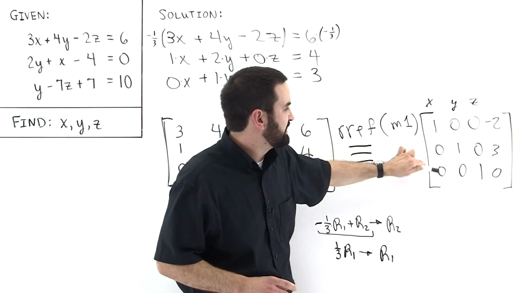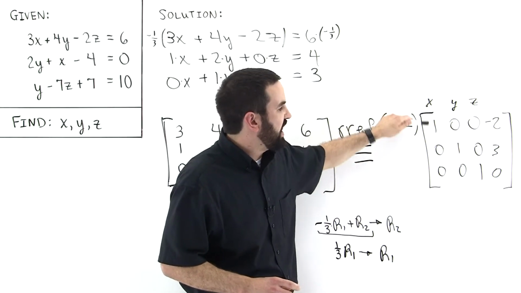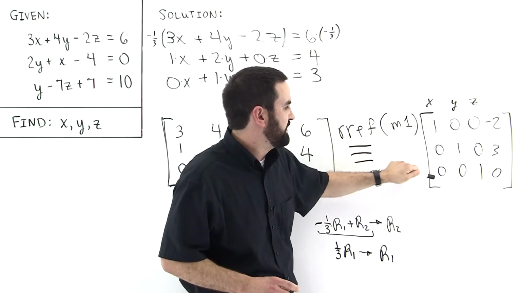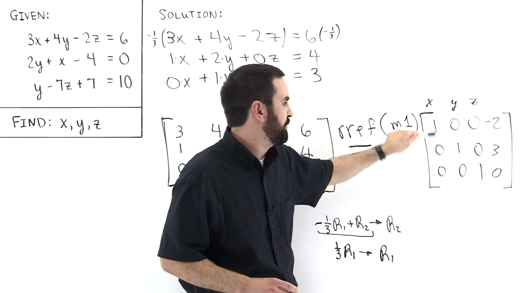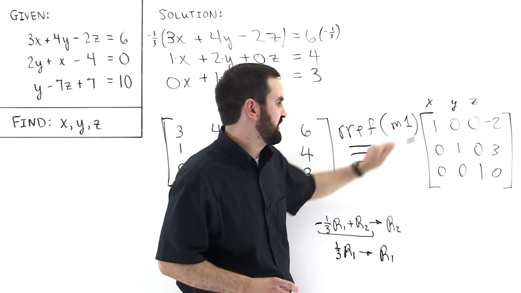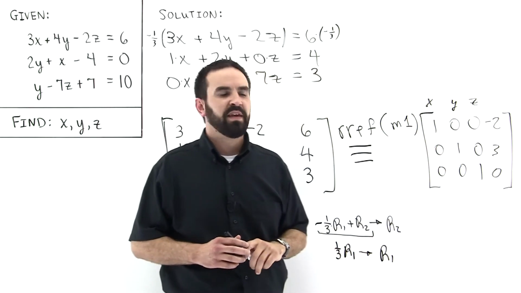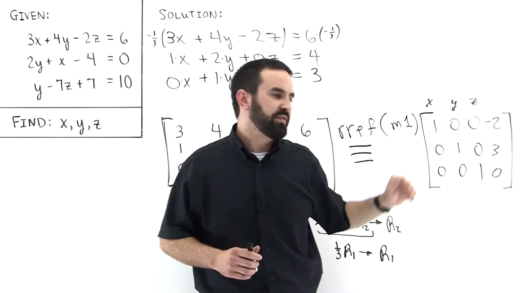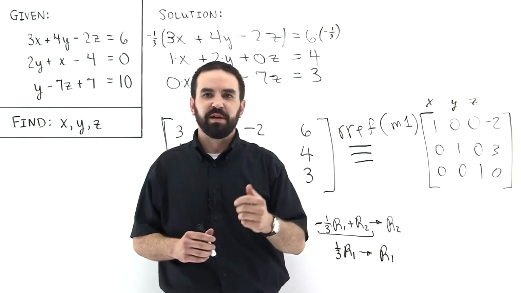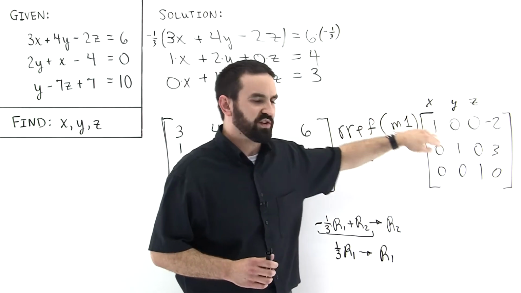The algorithm will take care of this first column first, then it'll do the second column, then it'll do the third column. And you'll end up with this diagonalized matrix, as we say, with 1s on the diagonal.